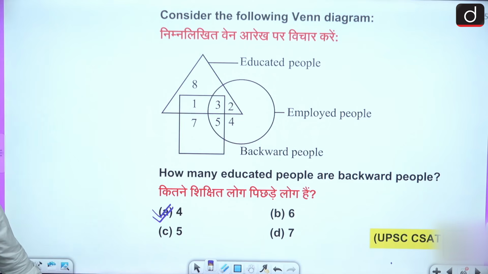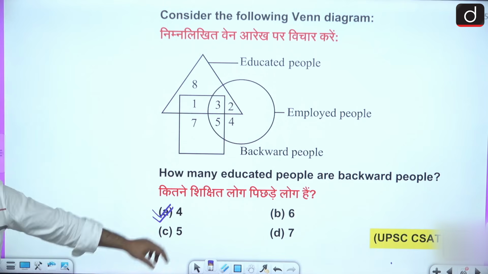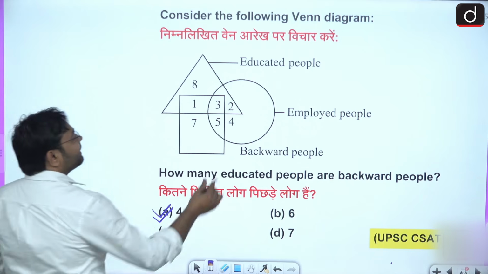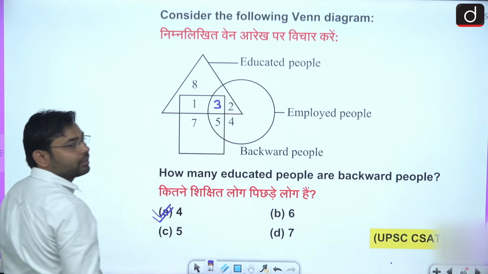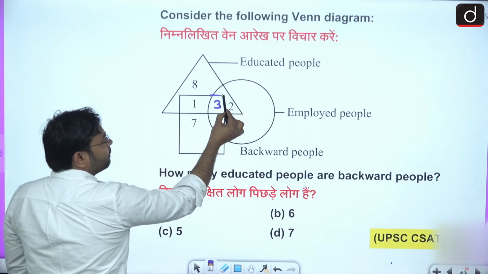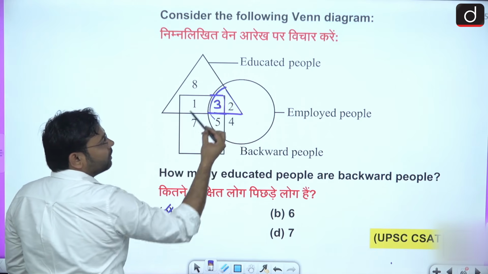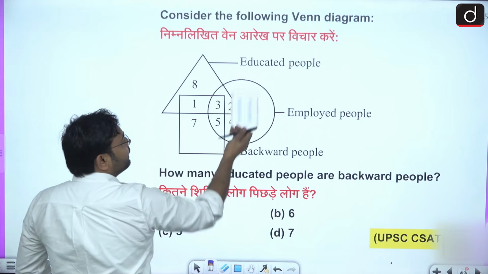Clear this? 1 and 3, 4. How many? This 3 is representing educated, backward and employed, all the sections. 2 is representing what?